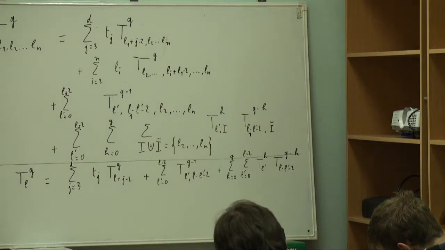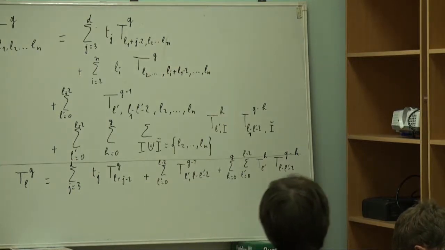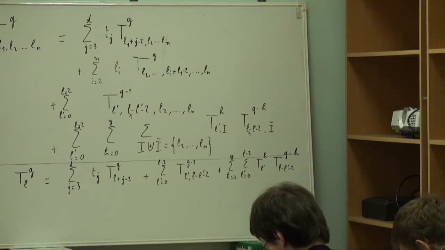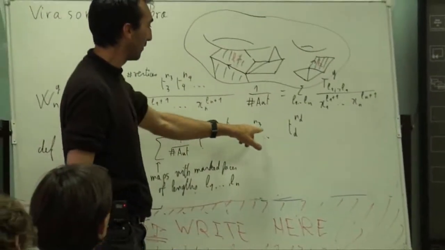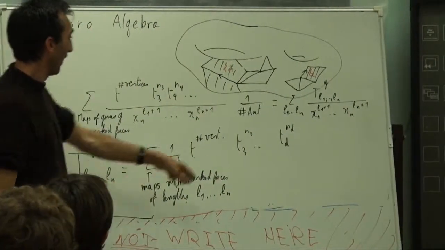Now, to see that we have a Virasoro algebra somewhere, we'll need to define some operators, and those operators act by taking derivatives with respect to the t_k's, to the t_j's. So just observe one thing. Imagine that you are counting all maps, and take the derivative with respect to t_k here.